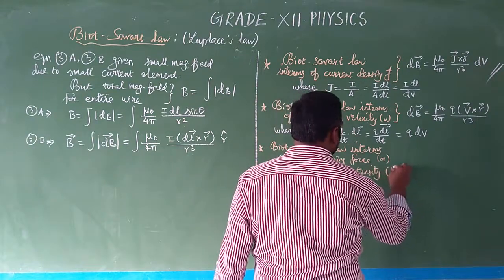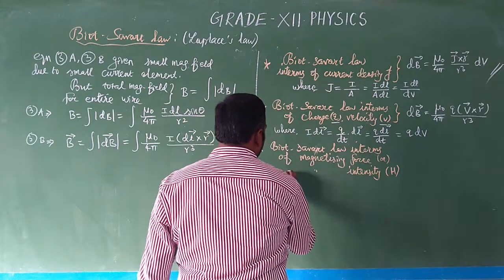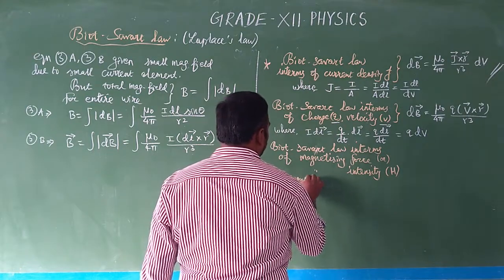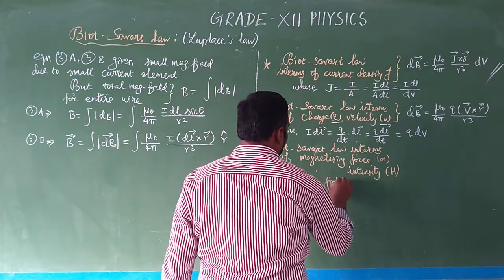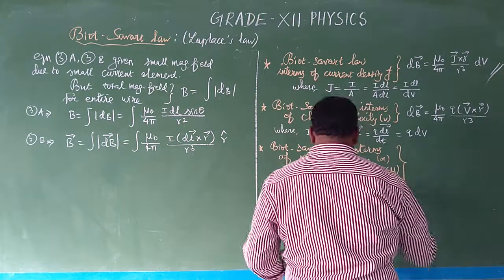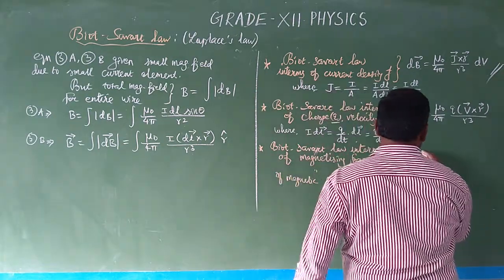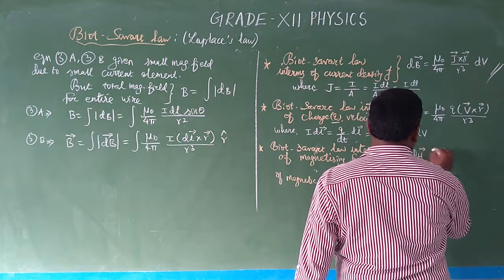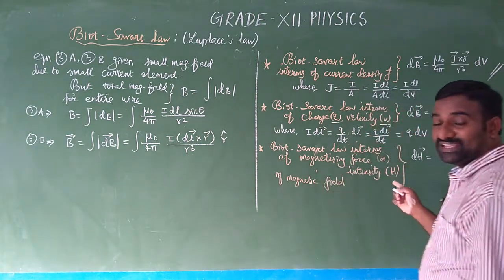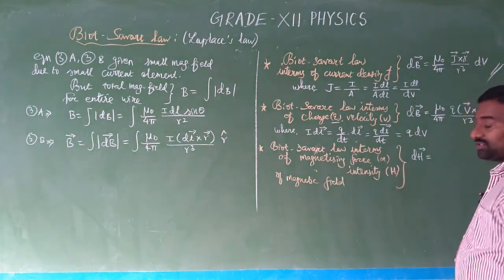Magnetizing intensity H of the magnetic field. So that can be denoted by dH, and those small elements produce the magnetizing power or magnetizing force.